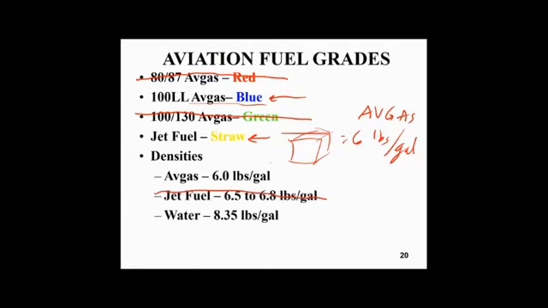But it is good to know that water weighs more per gallon, so it's more dense. And that's why it sinks to the bottom of a fuel strainer cup. So here's your fuel strainer cup, and here's the fuel level. You might see water bubbles down here in the bottom because the water is more dense.